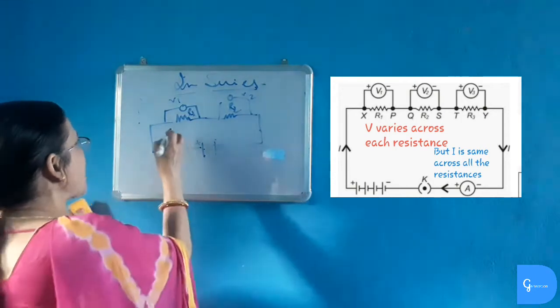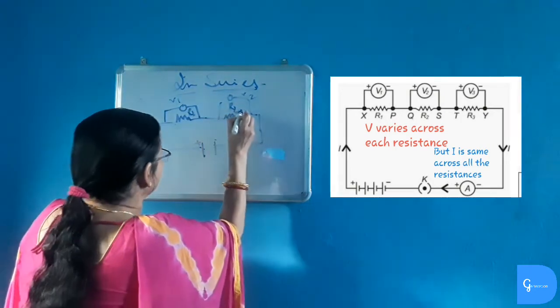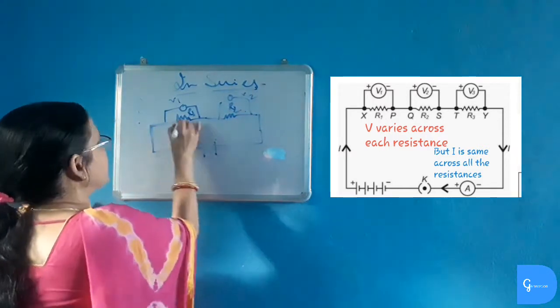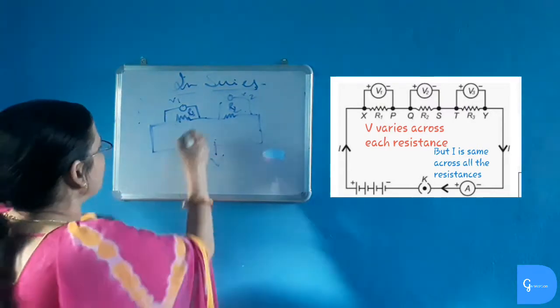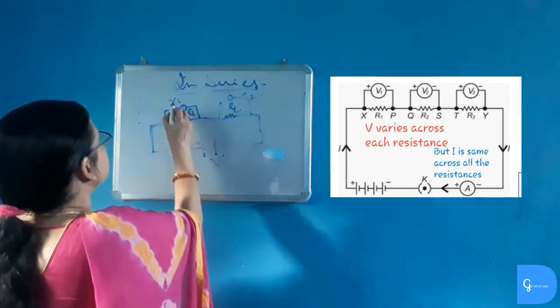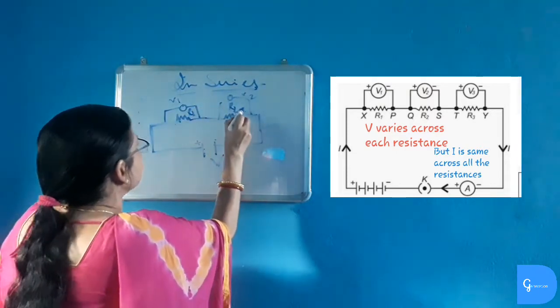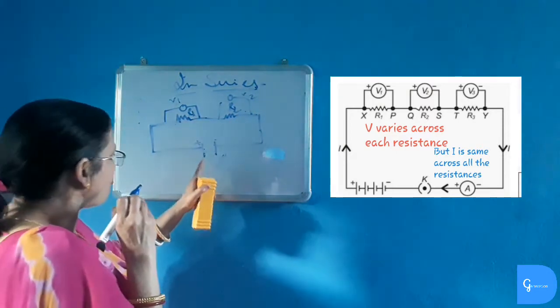That is, the sum of all the individual potential differences of the resistances will be equal to the voltage across the two ends of the battery.